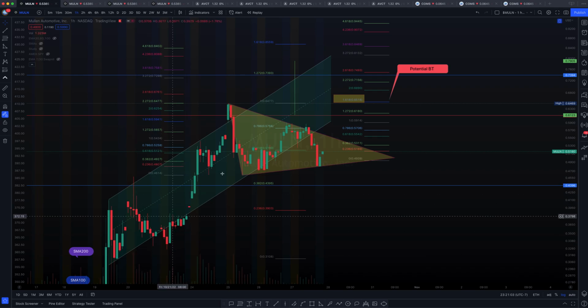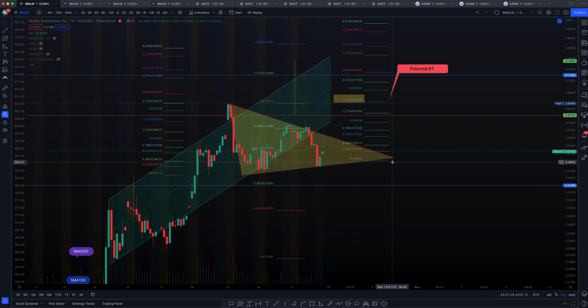Okay, so after an uptrend, this can be considered two different things. This can be considered a pennant. It's a bullish formation, and it's also a consolidation formation. So these consolidation and pennant are both bullish formations for MULN stock at the moment.